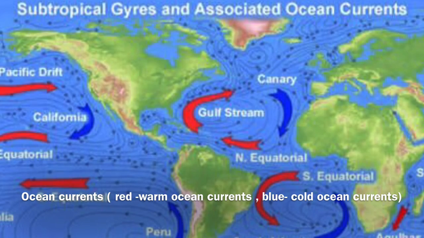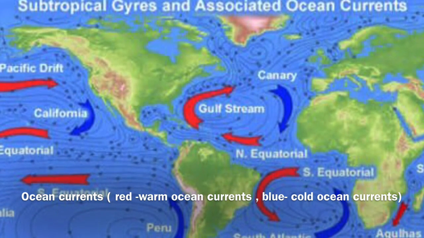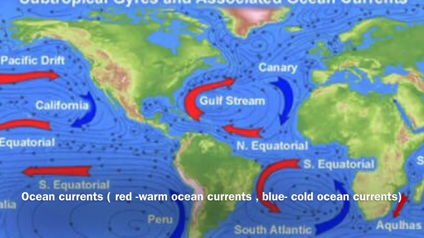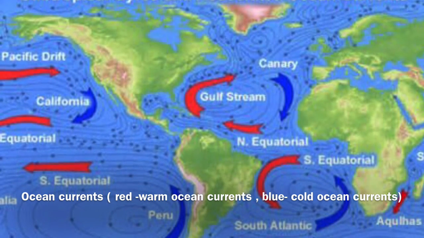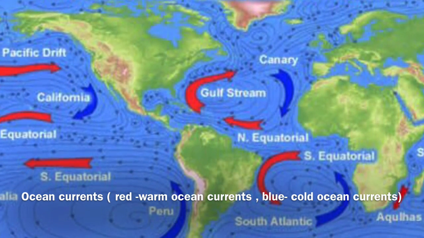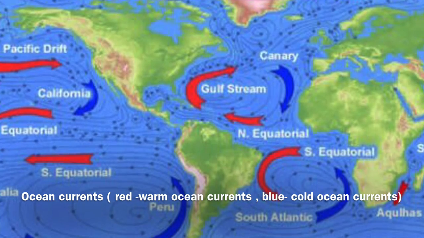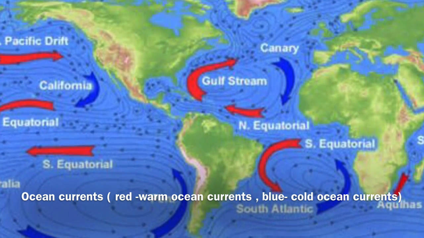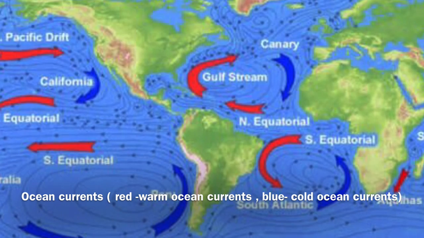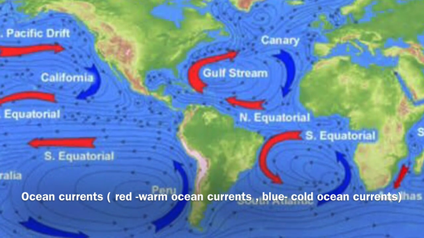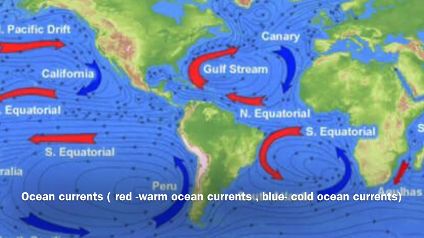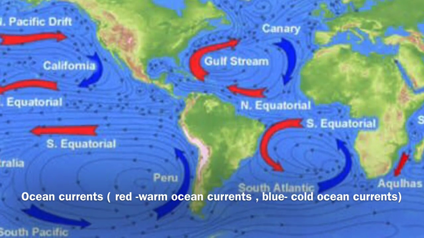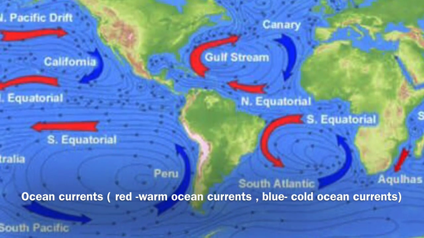The movement of the ocean water on the surface and at depth in a definite direction is called ocean current. Ocean currents are in clockwise motion in the northern hemisphere and anti-clockwise in the southern hemisphere.